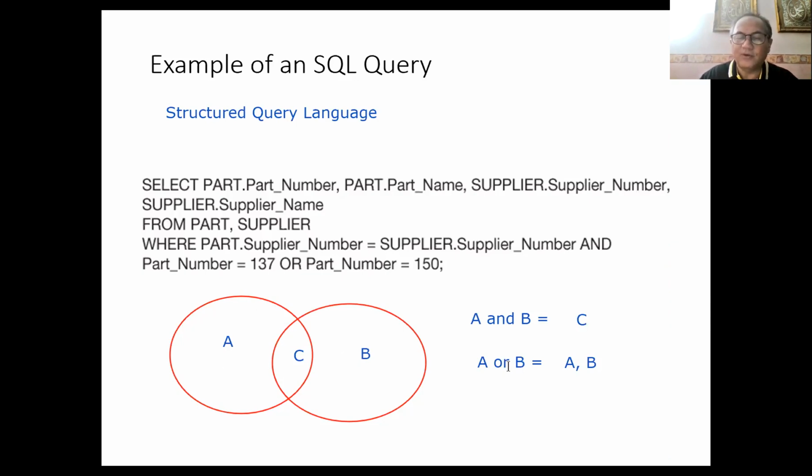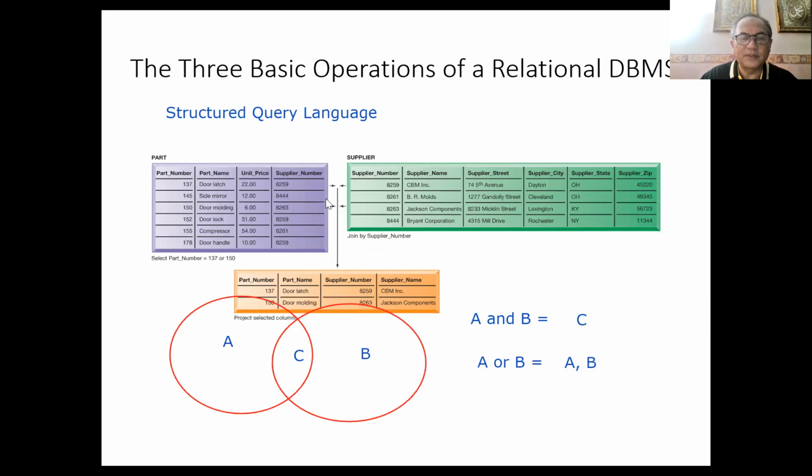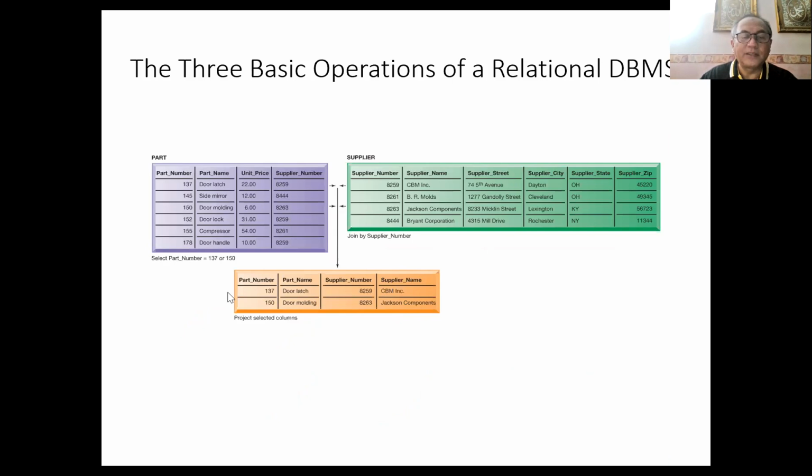When you talk about A or B, meaning that it is 137 or 150, this is both A and B. So if you look at this point here, when the part is 137 or 150, they want to save between part and supplier, and where it is 137 and 150, they put both.